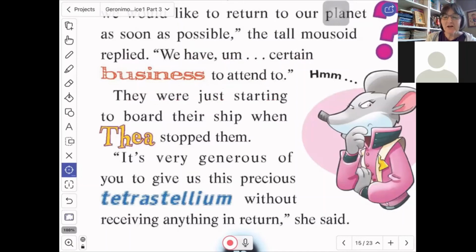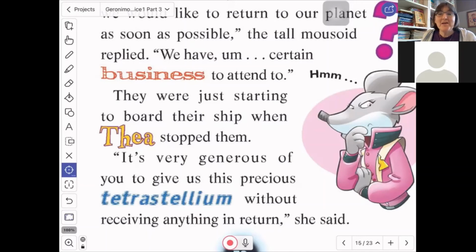They were just starting to board their ship when Thea stopped them. "It's very generous of you to give us this precious tetrastellium without receiving anything in return," she said. She's pointing out how generous it is of them that they're giving them this big box of tetrastellium, and they're even offering to give them more tomorrow if they just stick around overnight, and they don't want any money for it.